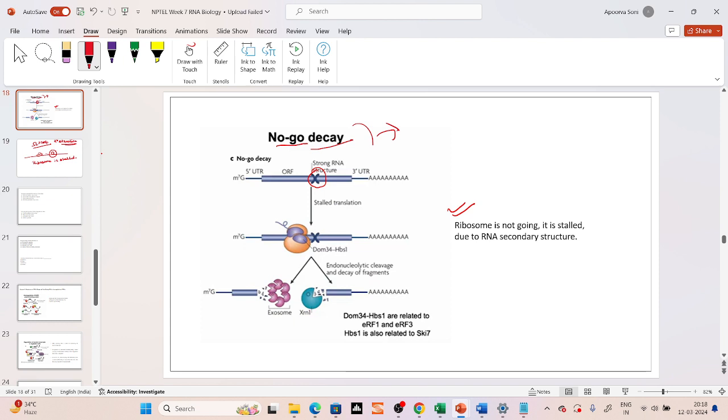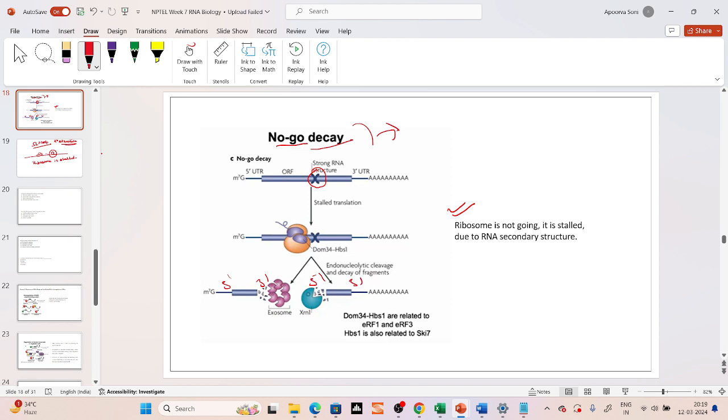Then what happens in such a situation? The stalling of the ribosome creates a signal that this mRNA has to be cleaved endonucleolytically. So endonucleolytic cleavage occurs with the help of DOM34 and HBS1. They will come, bind, and cause the endonucleolytic cleavage. When it occurs, this will become 5 prime, this will become 3 prime, this will become 5 prime, this will become 3 prime.